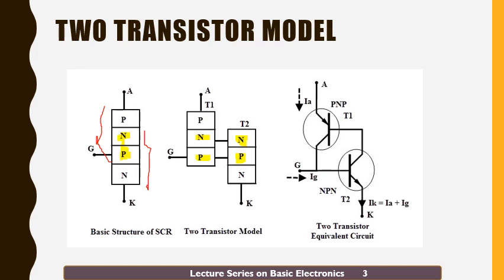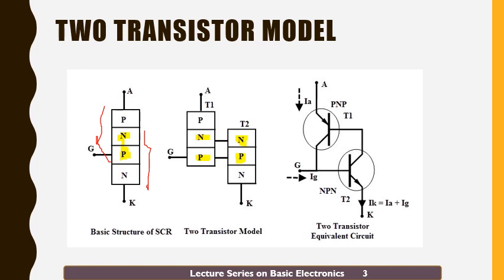So then you just look at this particular terminal. So this is applied to the P terminal. P terminal is the collector of the PNP transistor and it is the base of this transistor. So to have a look at, we will be connecting this gate terminal to the collector of the transistor 1 and the base of the transistor 2. Correct? So then we have here this N layer.